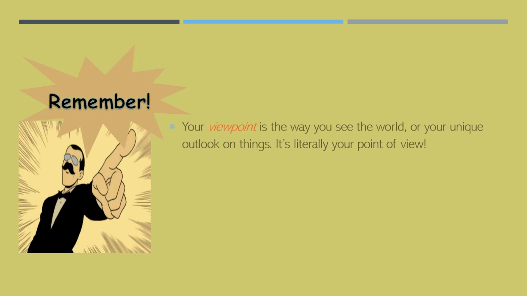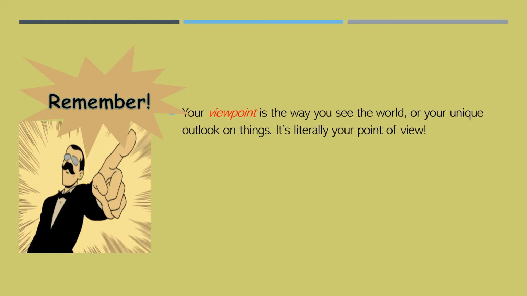Remember, your viewpoint is the way you see the world, or your unique outlook on things. It's literally your point of view. So, to stop arguing with someone, try to see things from their viewpoint so you can kiss and make up.